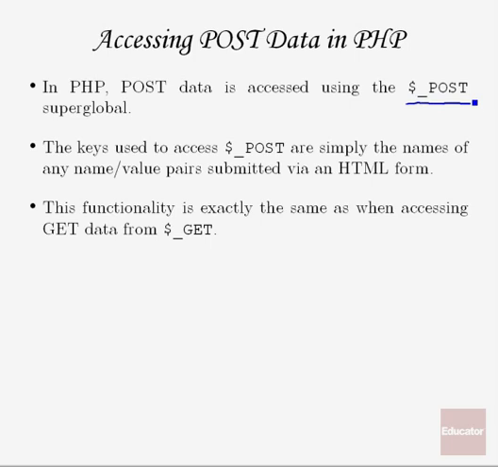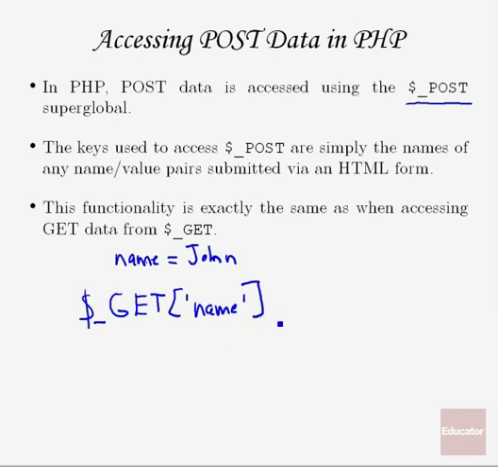For example, if we had a GET variable called name that was submitted and equal to John, we would access it using $_GET, providing the name of the name-value pair in brackets, and if we echoed that, it would echo the value John.